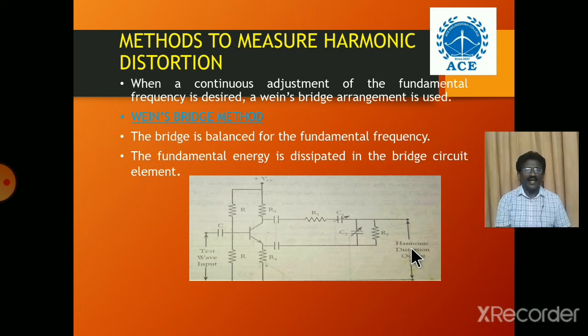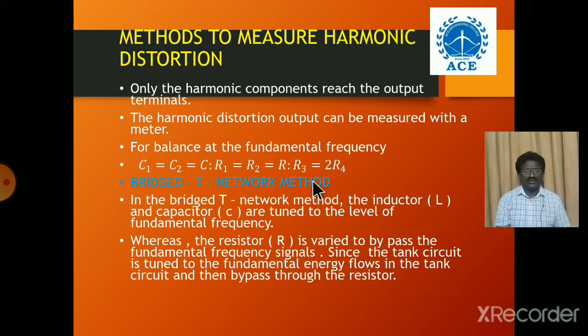For the balance, you should maintain capacitance values C1 and C2 equal to C, resistance values R1 and R2 equal to R, and R3 equal to 2R. In this case, you can definitely balance the fundamental frequency. So this is the idea about the Wien's bridge method.